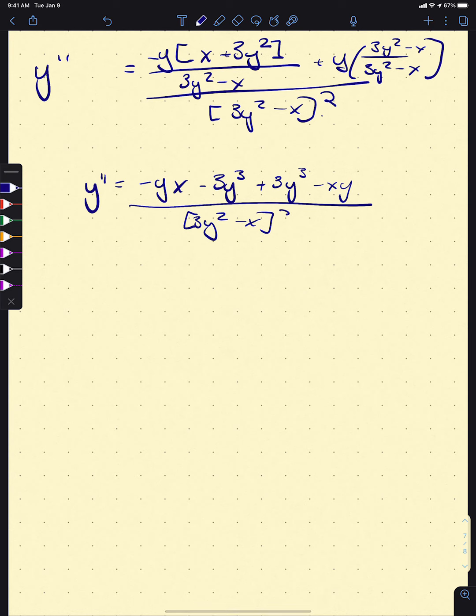It was squared there, now it's cubed. Look at this, these two are going to cancel, and we actually get the very nice minus 2xy over 3y squared minus x squared, right?